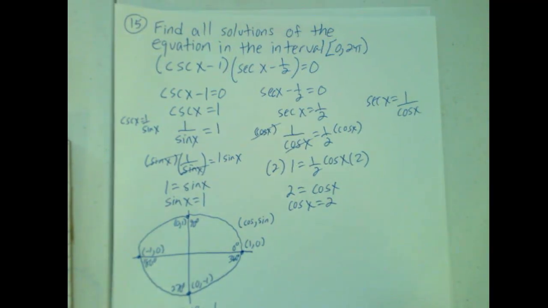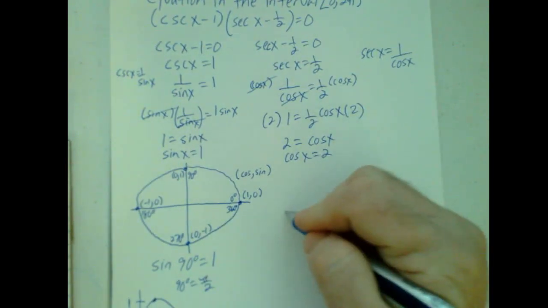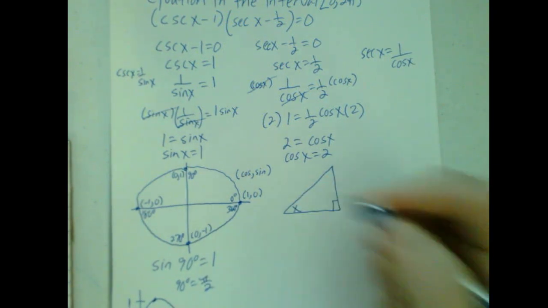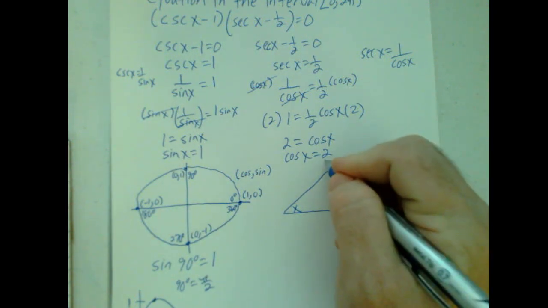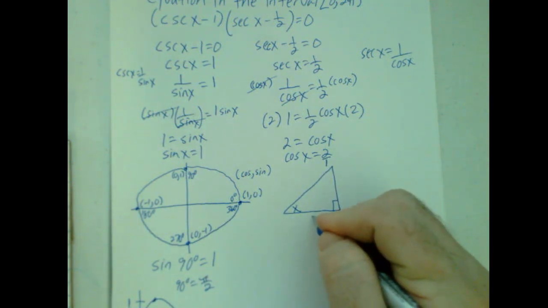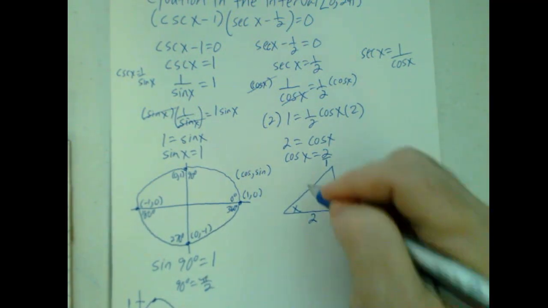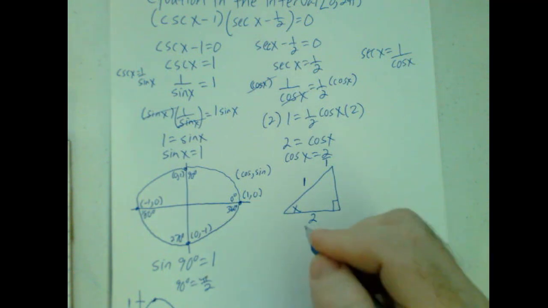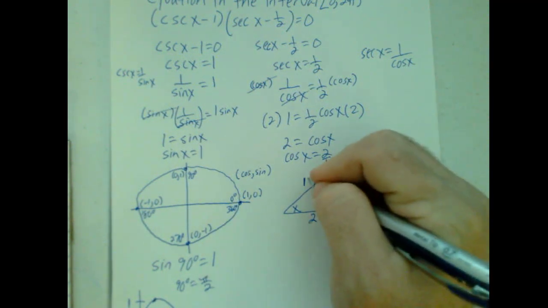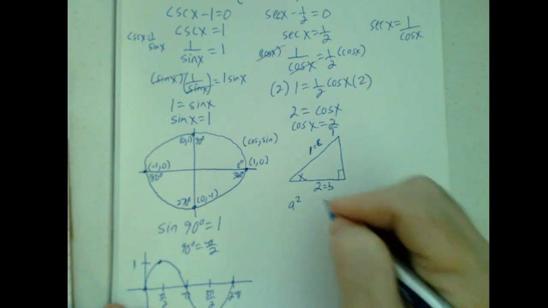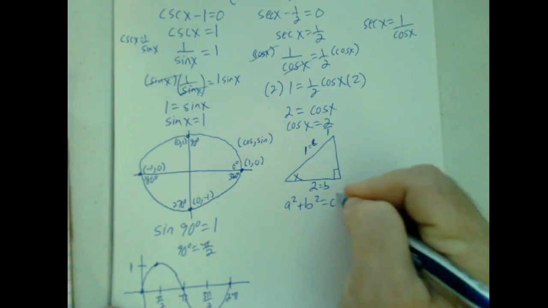Alright, there's a problem with that though, and I'll explain what the problem is. We just draw a right triangle and give this angle over here x. Cosine of x equals the adjacent leg, which would be 2, over the hypotenuse, which is 1. If you do the Pythagorean theorem on this, with 2 equal to b and 1 equal to c, it's a squared plus b squared equals c squared.